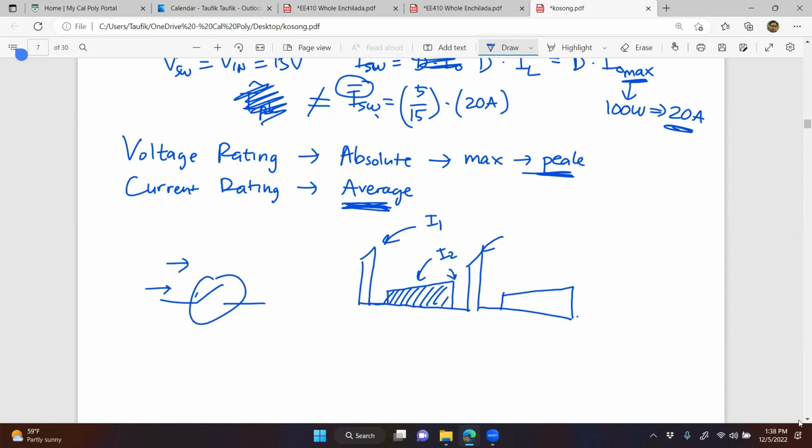It doesn't give the device anywhere close to the temperature rating of the device if the duty cycle is very tiny, right? So having a big duty cycle with lower peak would actually increase the temperature of the device closer to the limit. Hopefully that answers. Yeah, thank you.